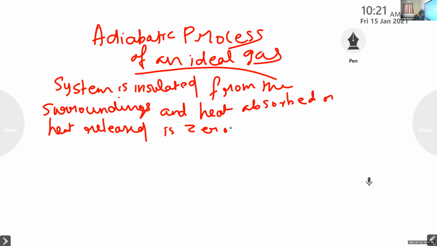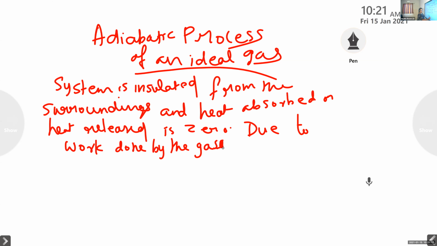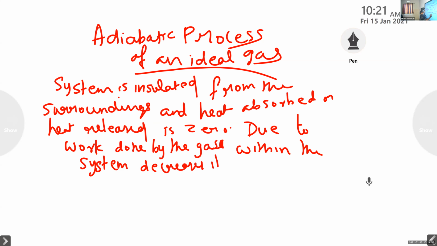Therefore, due to work done by the gas within the system, its internal energy decreases.